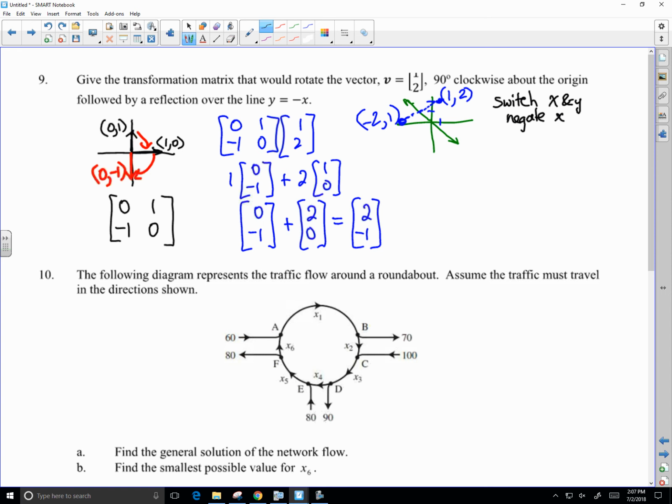But we could also do the same thing with the component vectors i and j. Because ultimately, to come up with your transformation matrix, you want to be thinking about where these things are going to end up.